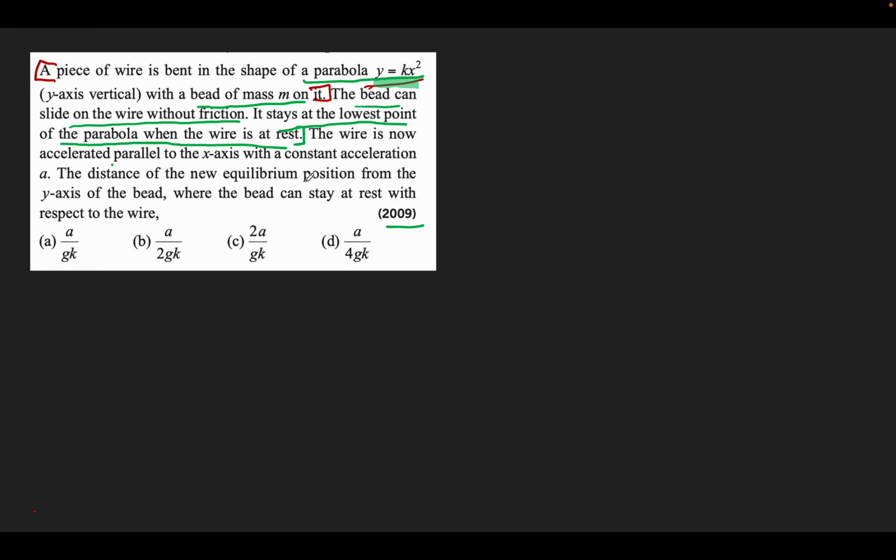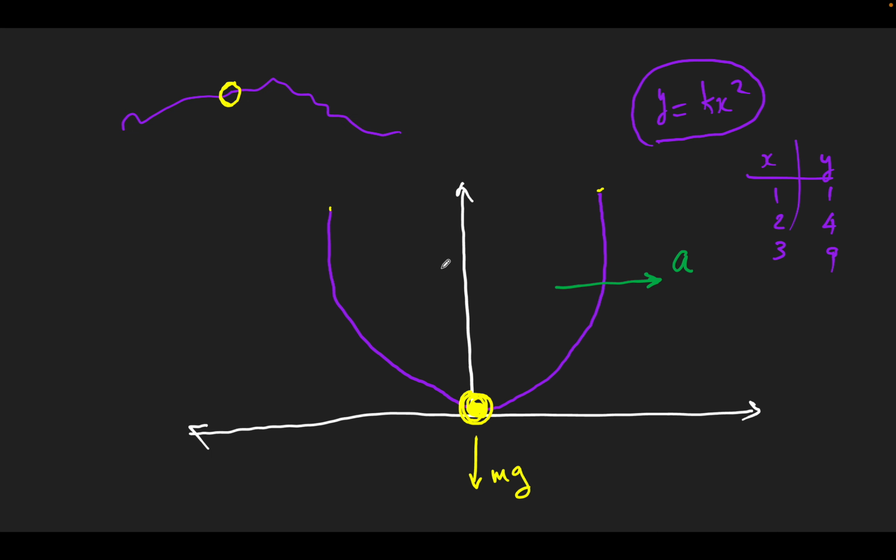Right now, when you move it with an acceleration towards right like this, the bead must have moved to some location here. This was its initial position, and now it is here. Because the entire system got accelerated, it found a new equilibrium position.